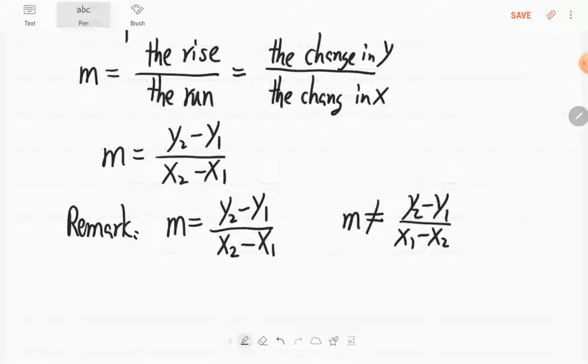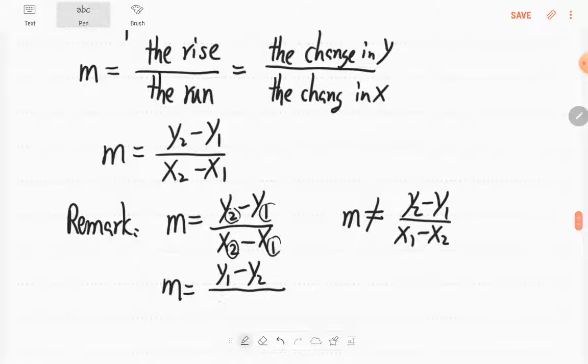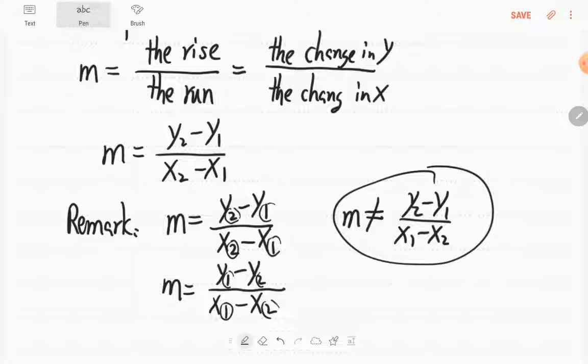The indices 2, 1 and 2, 1 should match. If you write y1 minus y2, then the denominator must be x1 minus x2. So here is 1, 2, and here is also 1, 2. You should be very careful, okay? You cannot change the order of the index. They should have the same order of the index from the top and the bottom.